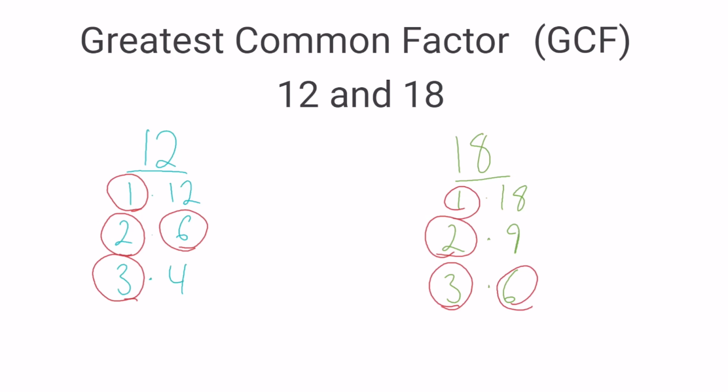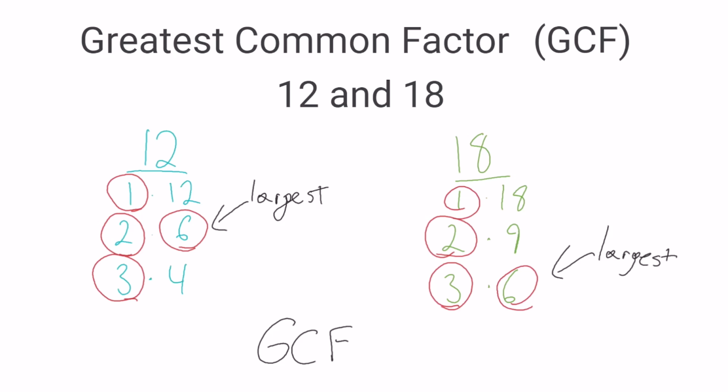The 6 is the largest number here, so my GCF is a 6. So I will label that. We have our largest. And again, that means our greatest common factor is 6.